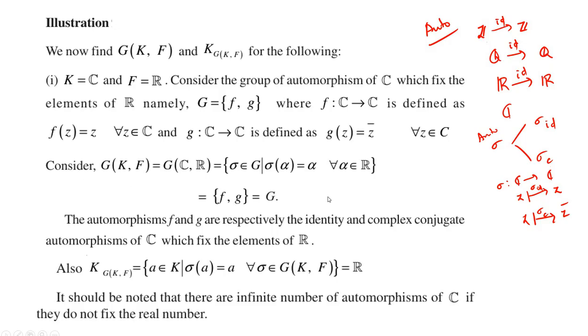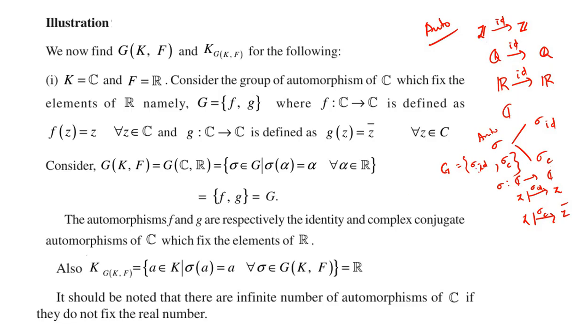Now G consists of automorphisms. What are the automorphisms? Sigma ID and sigma conjugate. So these are the elements of G. But what is now needed is GKF, which means GCR.